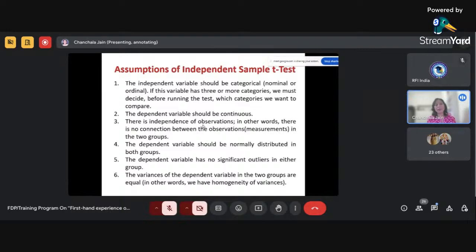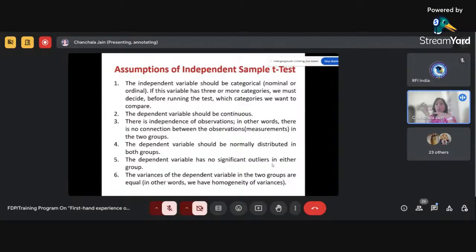The fourth one is that the dependent variable should be normally distributed. Whatever your numeric or continuous variable is, it should be normally distributed in both the groups of the categorical variable, right? And the dependent variable has no significant outliers in either group. Suppose I have a male group and a female group and I am comparing the salary of these two groups.